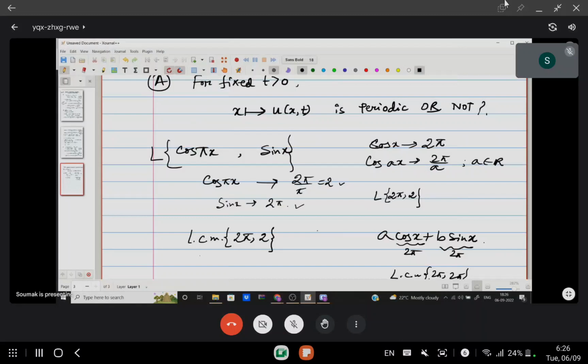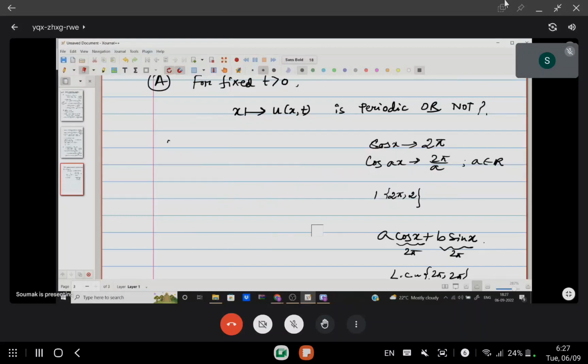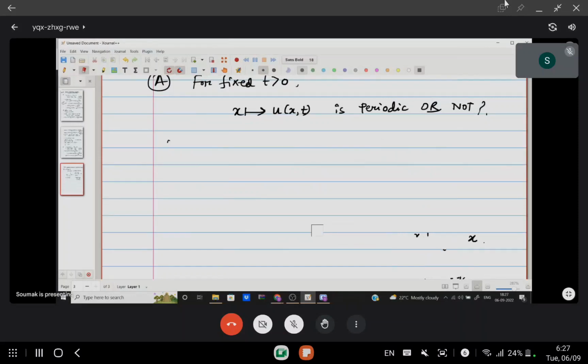So let me write it clearly, just remove these things. You understand, Nitish, what I told? Yes, sir. Okay, I'll write it for your convenience. Sorry, your voice is breaking. Soikat, do you understand what he is saying?